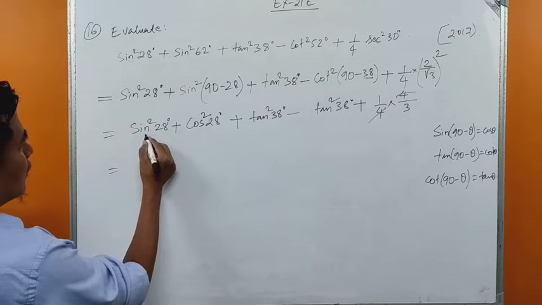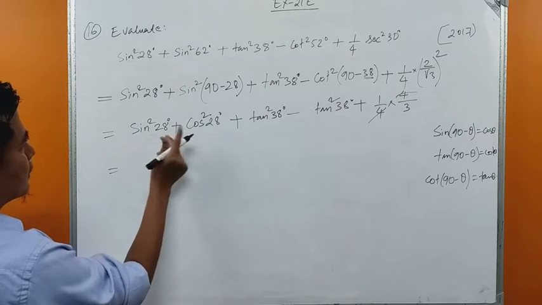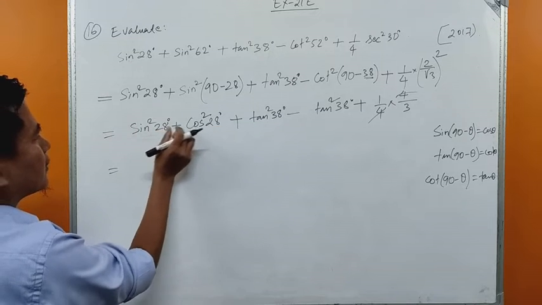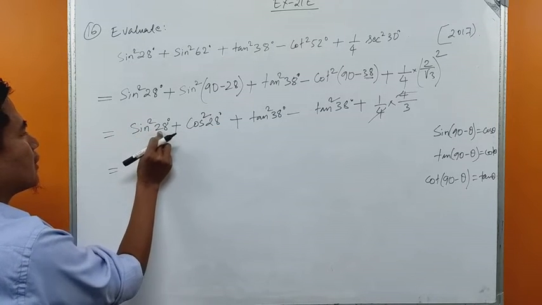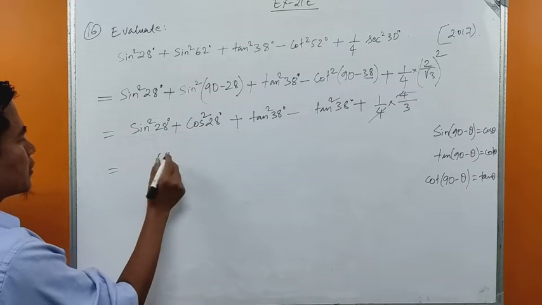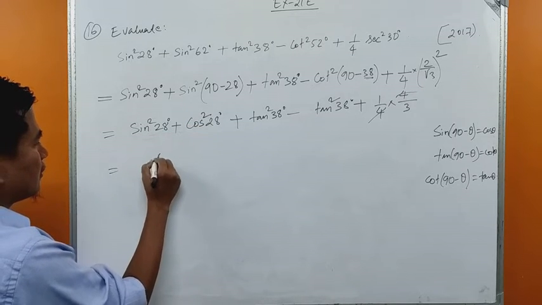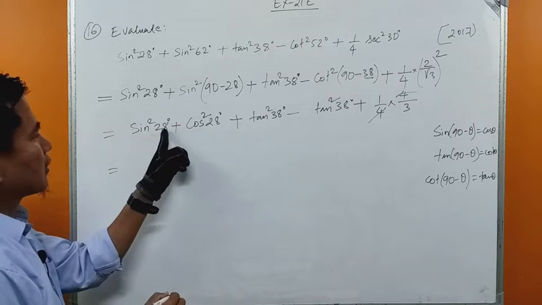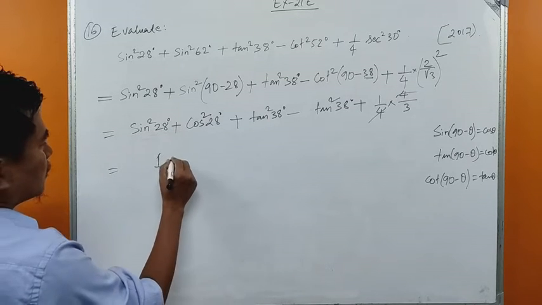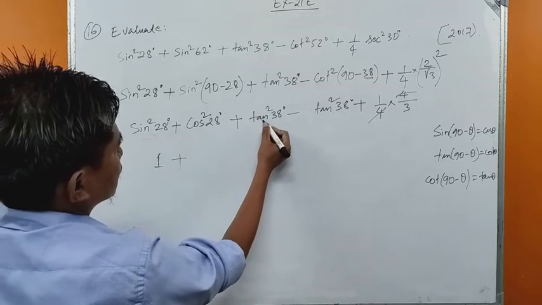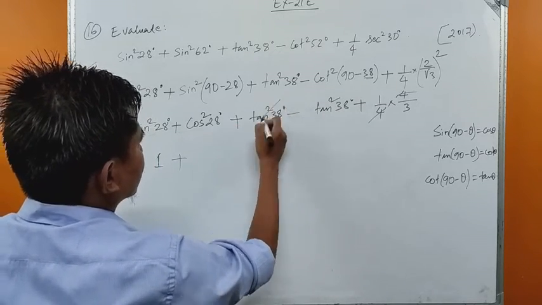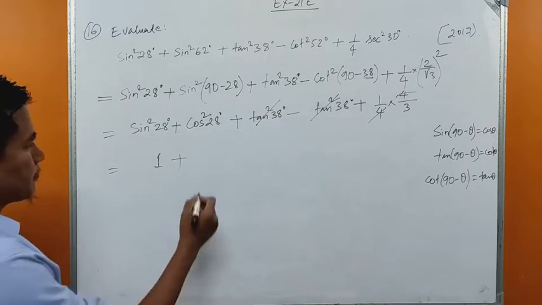So sine square 28 plus cos square 28, same thing, the angle is same, isn't it? If the angles are same, then sine square theta plus cos square theta is 1. We must keep in mind that the angle must be equal. So plus tan square 38 and minus tan square 38, we can cancel these two, this becomes 0.